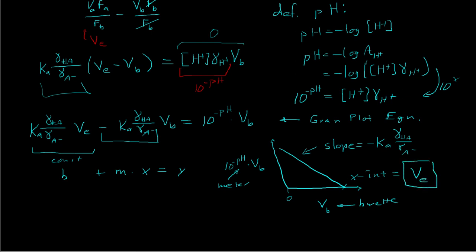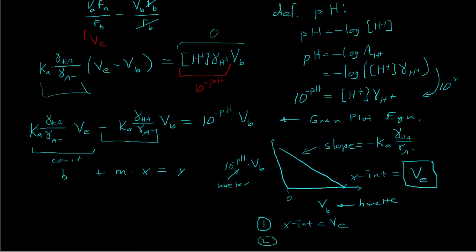So that is one of the big goals of doing a titration, right? So the first thing that we get by doing this Gran plot is we can plot it out. We figure out where the x-intercept is. We can do that mathematically if we know the equation for this straight line. That tells us what the equivalence point volume is, right? So the first thing we get, x-intercept, is equal to the equivalence point volume.